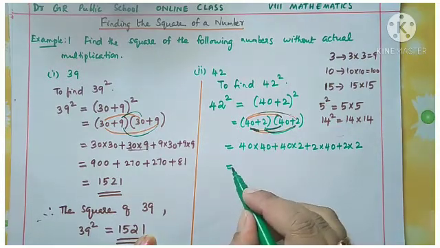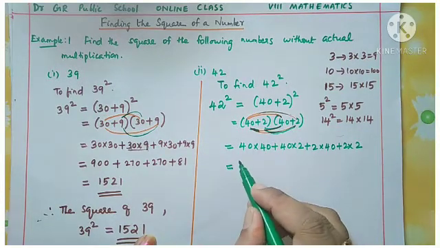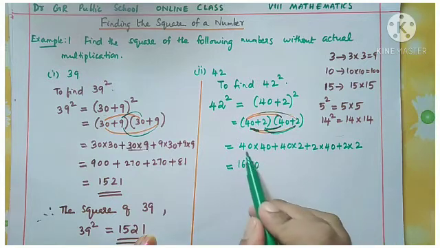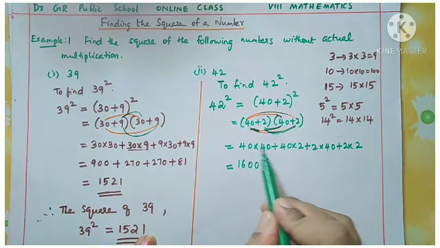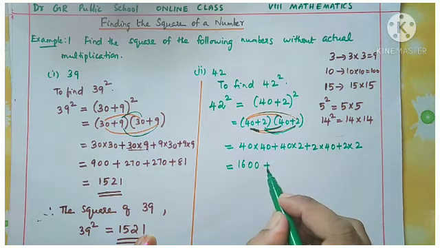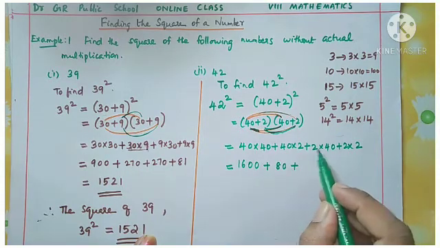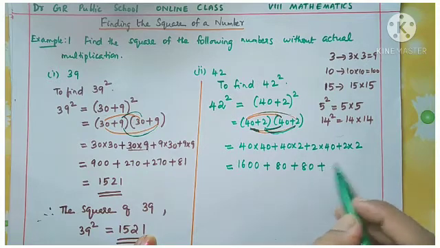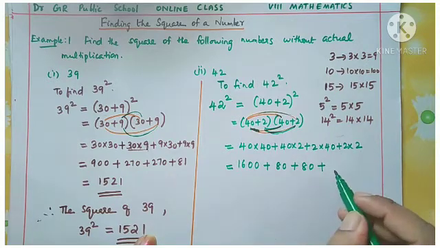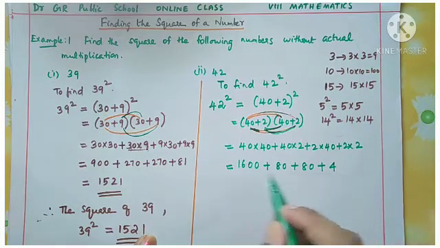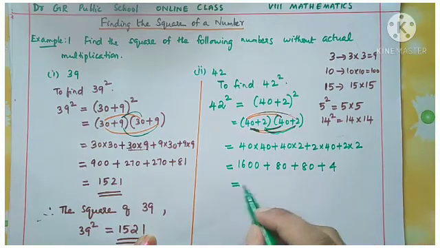Now you need to multiply. 40 into 40 is 1600, 4 into 4 is 16 and put two zeros. Then plus 40 into 2, that is 80, plus 2 into 40, 80, plus 2 into 2, 4. Now add all these numbers, you will get 1764.